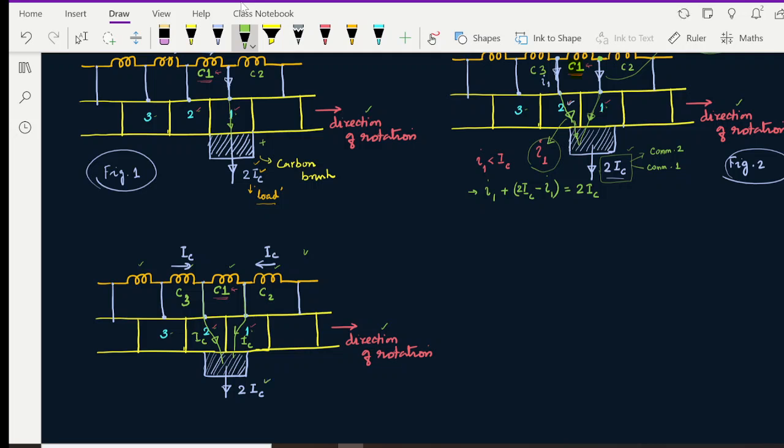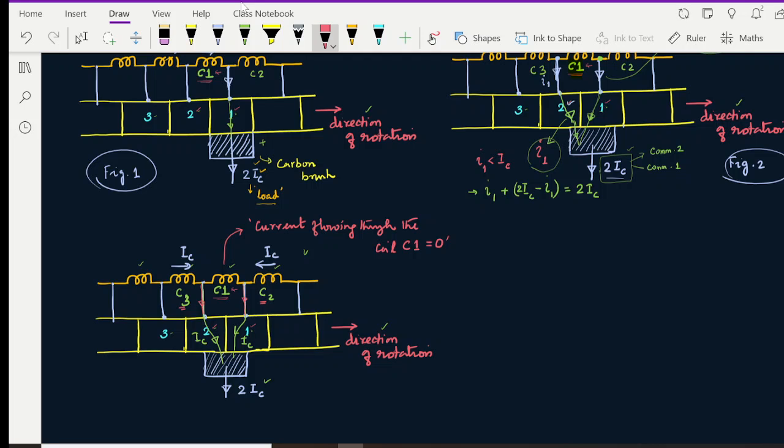Now listen very carefully. If this IC is coming from coil 2, and this IC is coming from coil 3, then at this point in time, the very important point is that the current flowing through coil C1 is equal to 0.